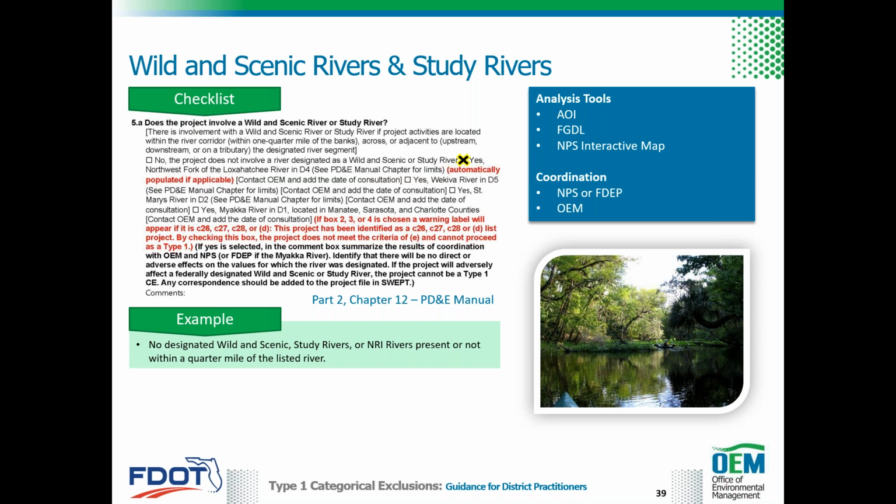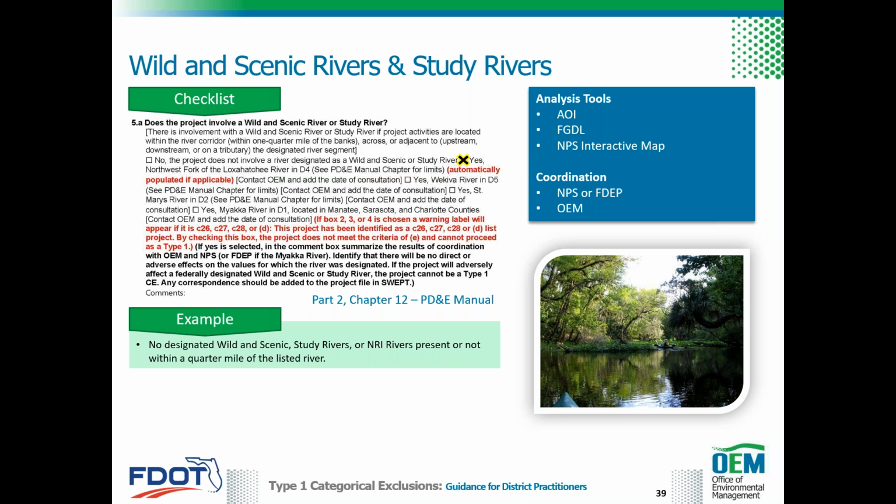If a wild and scenic river is involved or in the project area, you're going to select the box with the name of the river. In this case, I selected the Loxahatchee. And in the comment box, summarize the results of coordination with OEM and the National Park Service. Identify that there will be no direct or adverse effects on the values for which that river segment was designated.